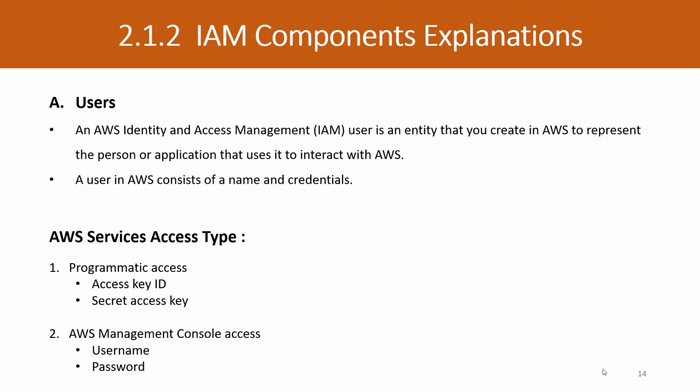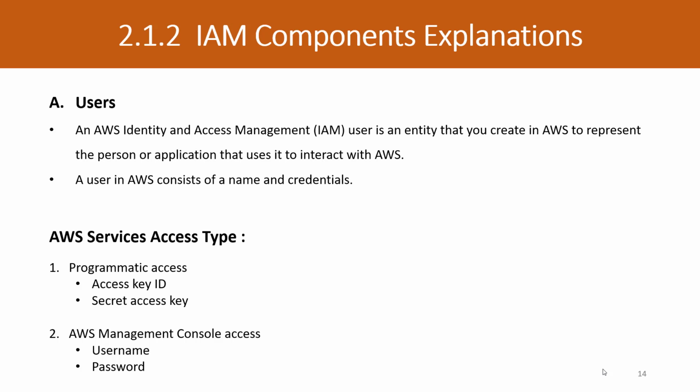How we can access the AWS services is defined by AWS IAM. You can access them programmatically or through the AWS Management Console. Programmatically means you need an access key ID and secret access key, and you can configure your AWS CLI, SDK, or APIs to access those services using any programming language you want.